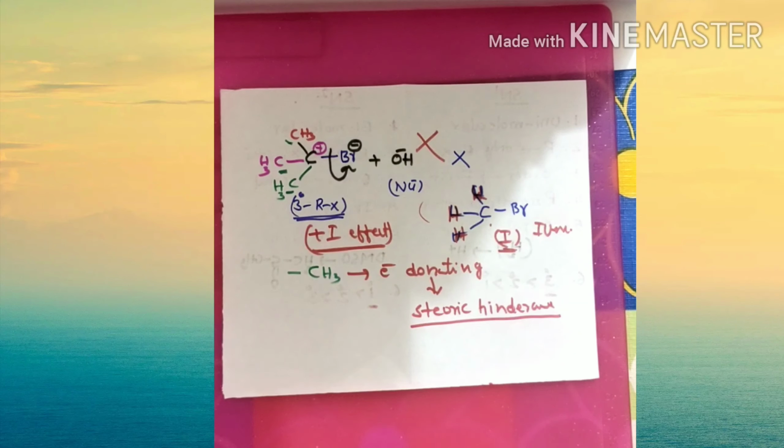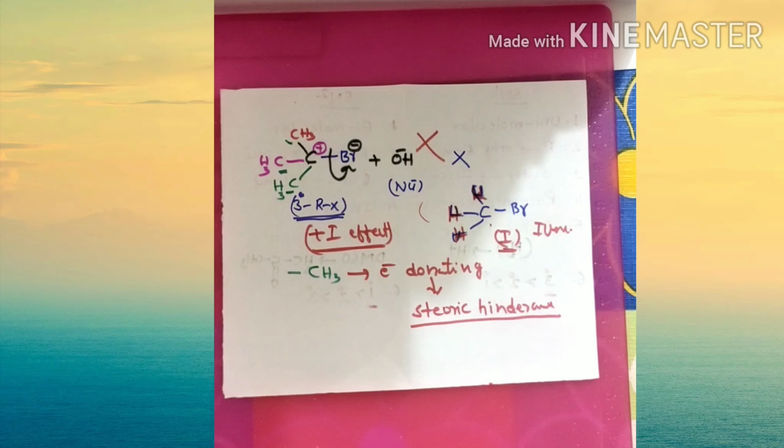The groups which hinder, meaning oppose the upcoming nucleophile from attacking the carbocation. To summarize SN1 and SN2: in SN1, 3 degree is greater than 2 degree, 2 degree greater than 1 degree. In SN2, 1 degree is greater than 2 degree, 2 degree greater than 3 degree. The solvent is polar protic in SN1 and polar aprotic in SN2. SN1 is unimolecular, SN2 is bimolecular.